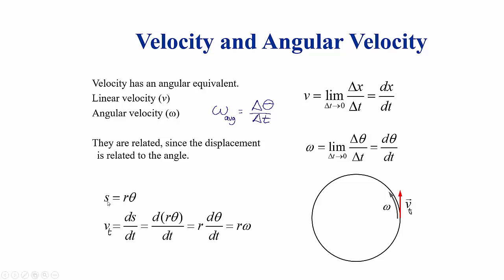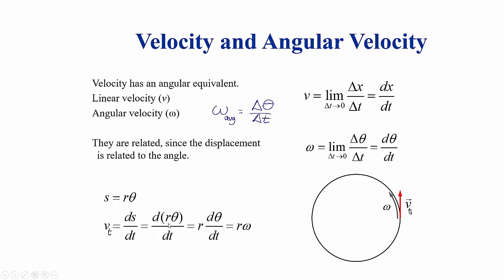The arc length equation says that s equals r times theta. If I take the derivative of s with respect to time, that gives me the tangential speed. It gives me how quickly it's moving along the edge. If I take the derivative of the left-hand side of the equal sign with respect to time, I have to take the derivative of the right-hand side with respect to time.